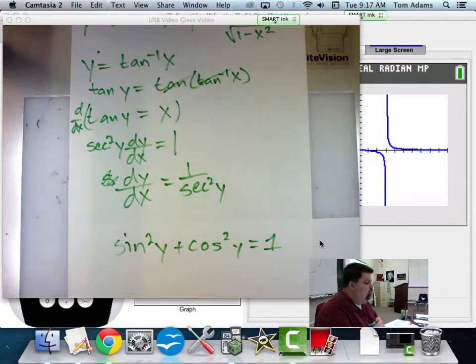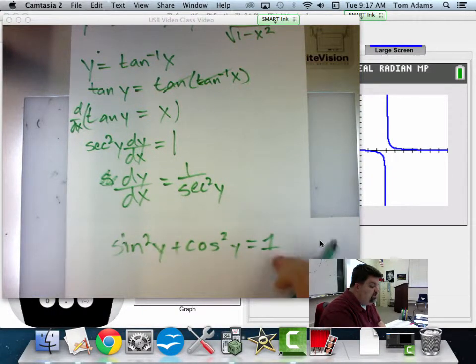Now how do I get 1 over secant? What is secant the reciprocal of? Cosine. So how could I change one of these into secant?